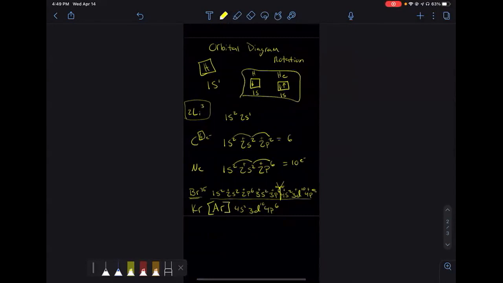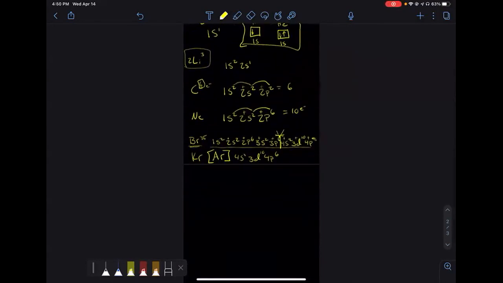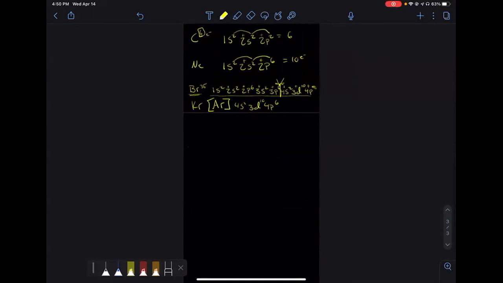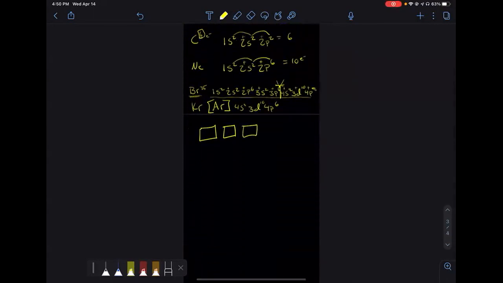Now we're going to talk about this form right here, the orbital diagram notation. Each one of these boxes is going to be able to hold up to 2 electrons, right? So let's talk about nitrogen. Nitrogen has 7 electrons.